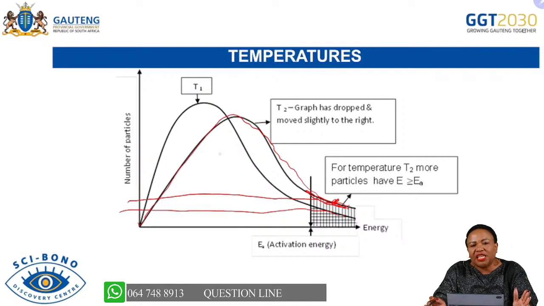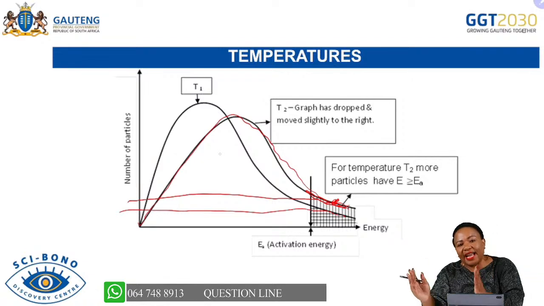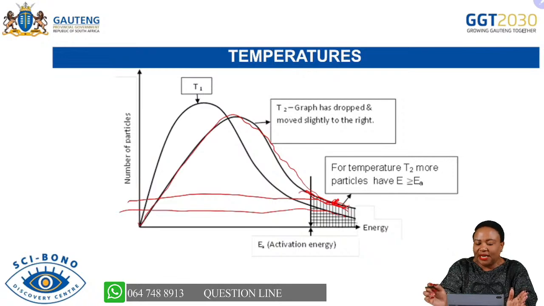So what is important is how your graph will look after changing the temperature: it will be lower than the first graph, it will slide to the right, and there will be more particles in the second graph, meaning that more particles will have higher energy than in the first one.